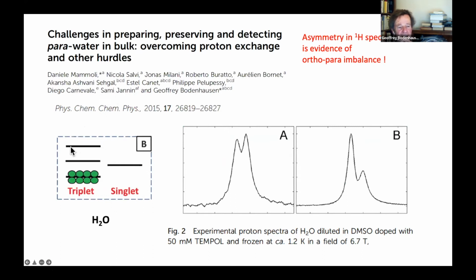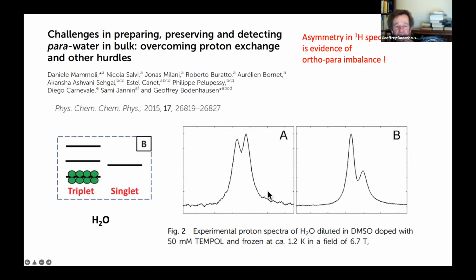And the idea is that at very low spin temperatures, you can create a state where most of the population is concentrated in the bottom triplet state, so that the singlet state is depopulated, at least partly, and therefore there is a population imbalance. Now, it turns out that in the solid state, at about 1.2 Kelvin in a field of 6.7 Tesla, this was done in Lausanne in a heroic series by Sami Jannin and collaborators.